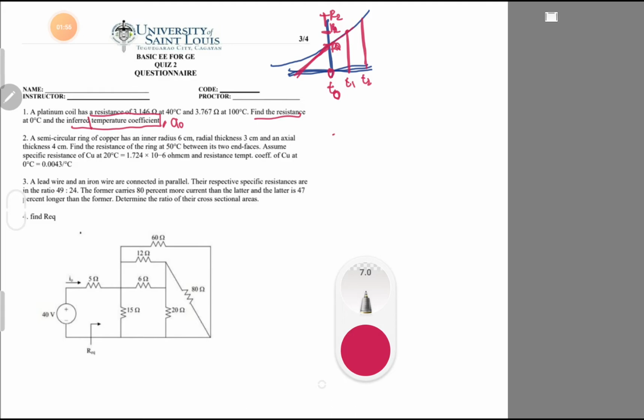I already discussed our formula with you. We will have a value of R1 over R2, which is equal to TO plus T1 over TO plus T2.